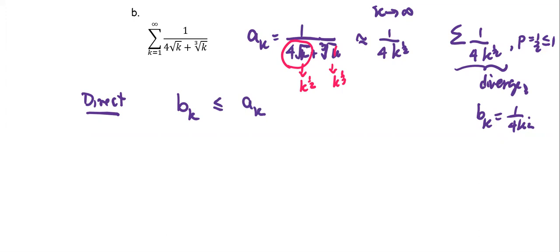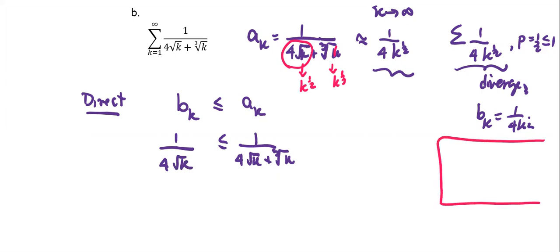We set up the inequality so that a_k, 1 over 4 square root k plus the cube root of k, must be greater than or equal to the b_k term. If we use the leading term 1 over 4 times square root k, is that true? This is the sensitive part of the direct comparison test.